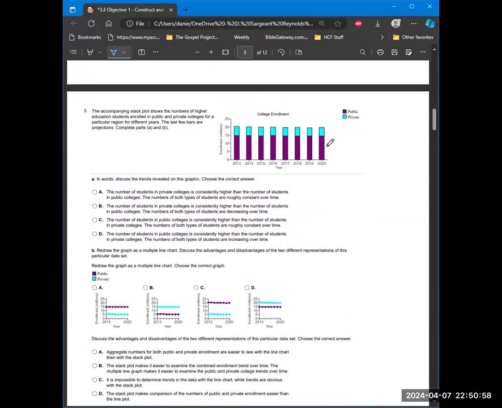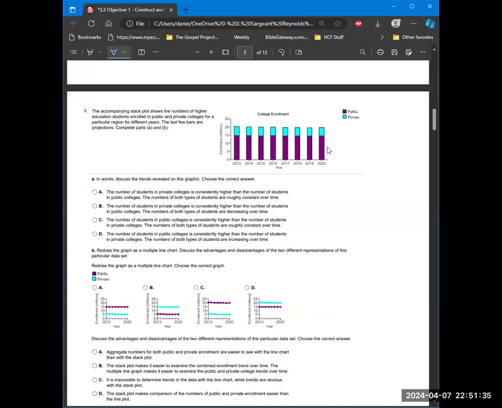The accompanying stack plot shows the numbers of higher education students enrolled in public and private colleges for a particular region for different years. The last few bars are projections, complete parts A and B. So in words, discuss the trends revealed in this graphic. The number of students in public colleges is consistently higher than the number of students in private colleges.